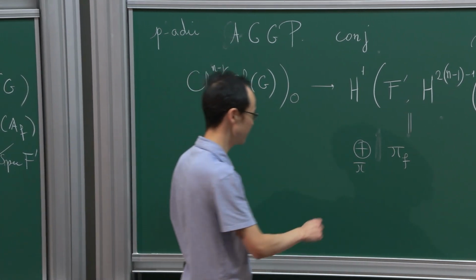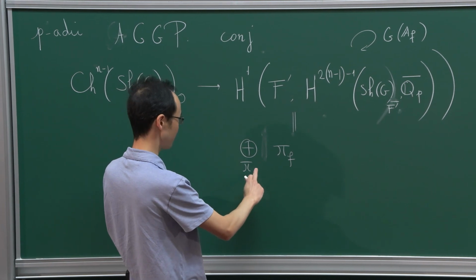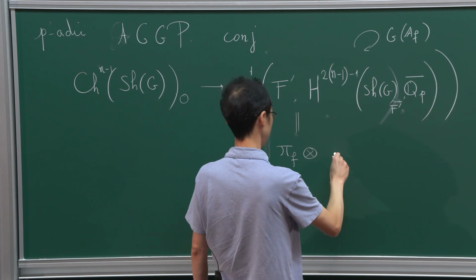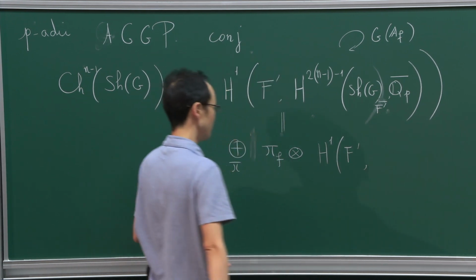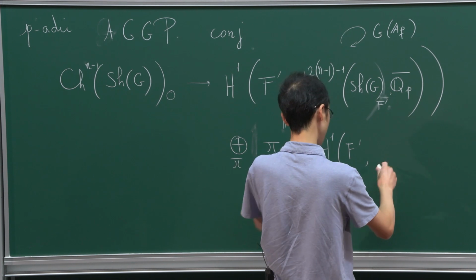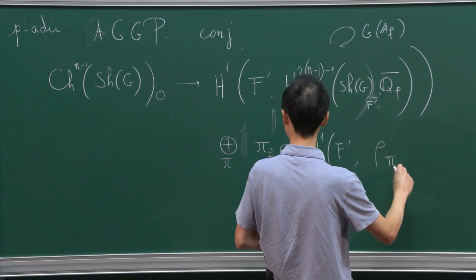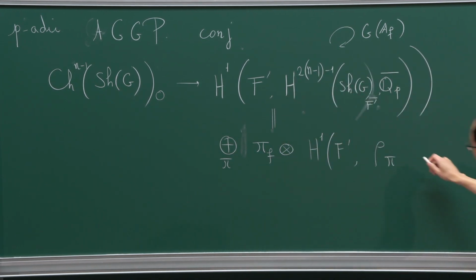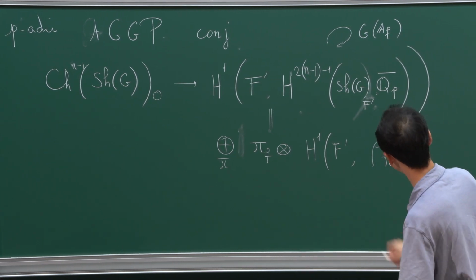So maybe using the Matsushima formula from the previous talk by Tony and Michael, here you get an additional multiplicity space. Let me write the corresponding p-adic Galois representation as rho_pi. Actually, for some reason, I prefer to write it as a dual.